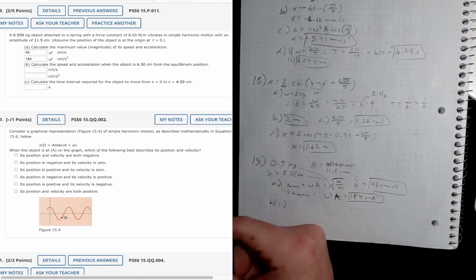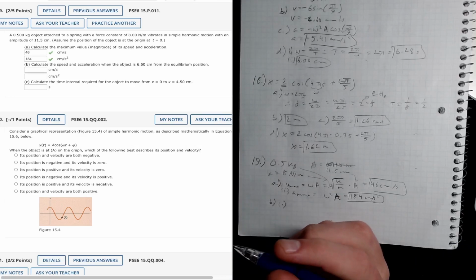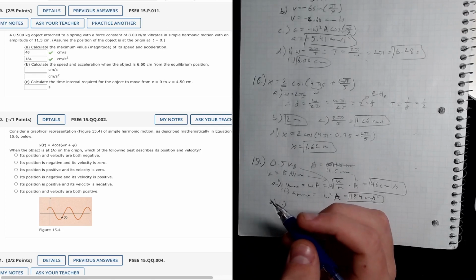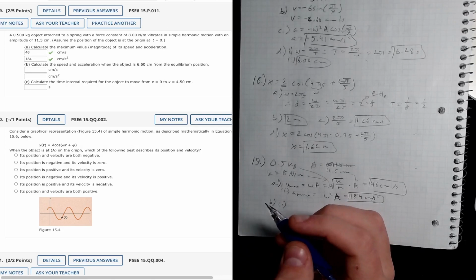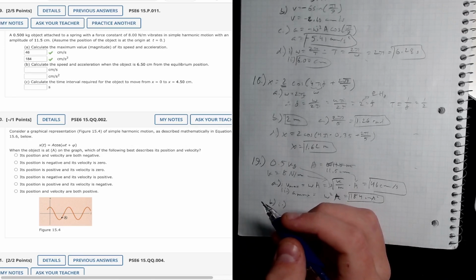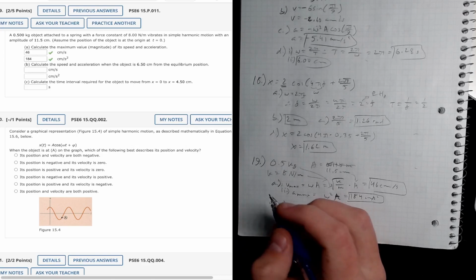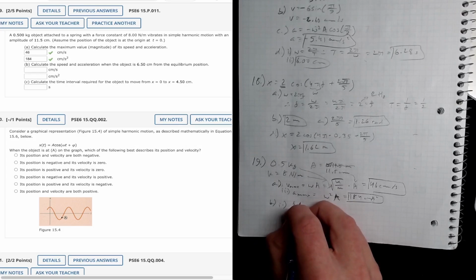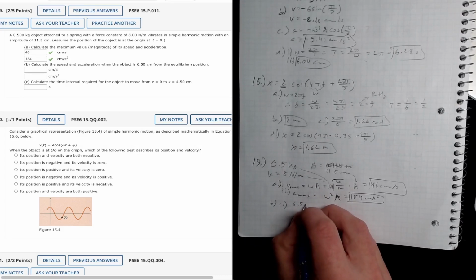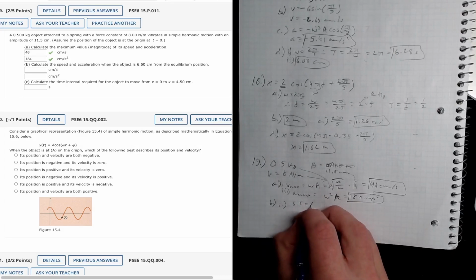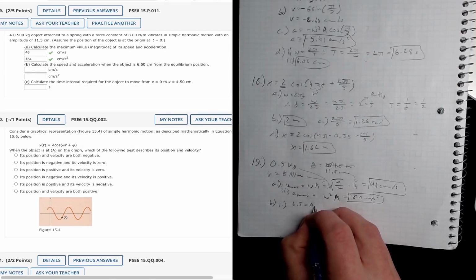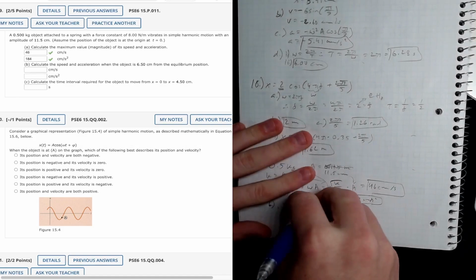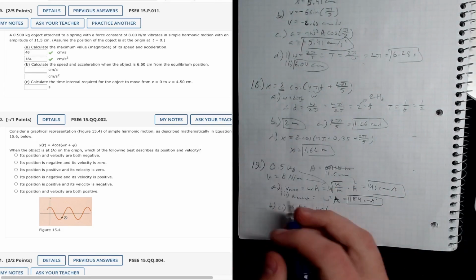So we have a function here. At the origin at t equals 0, so yeah, it's going to be a sine function, right? So 6.5 centimeters equals amplitude sine wt, at the origin, so no phase constant.